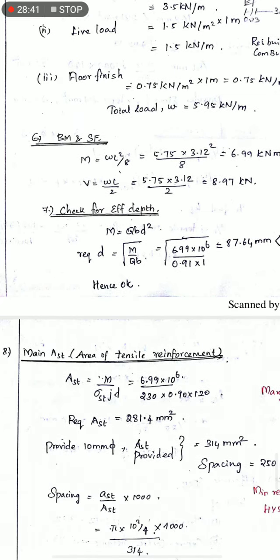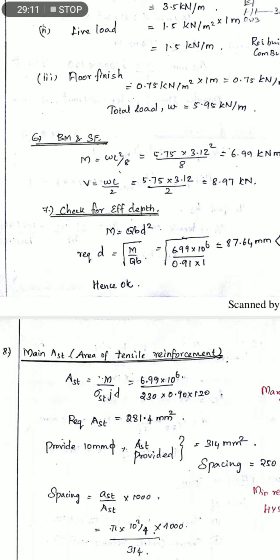Then check for effective depth. This is most important because we assumed the percentage of reinforcement. So we check whether the depth of the slab is correct or not. We check from the formula M equal to Q B D square. The required D equal to root of M by QB.